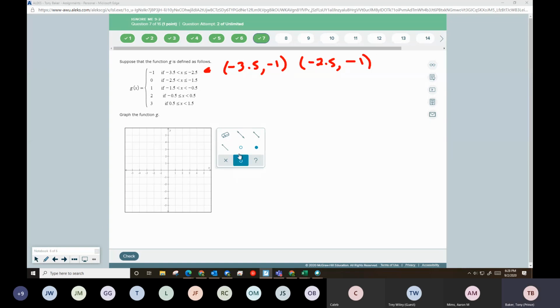I'm going to put an open dot at -3.5 and -1, and a closed dot at -2.5 and -1. And then I'm going to connect those dots. The first one's an open dot because it was just less than. The next one was less than or equal to, so it's a closed dot. If you look at the domain right there and how it's written.